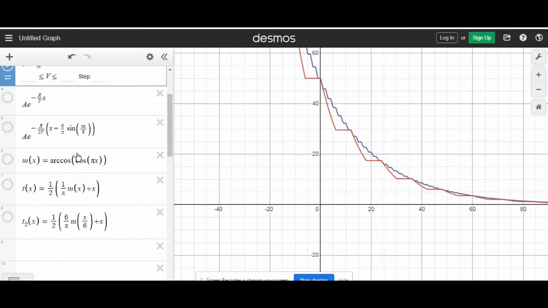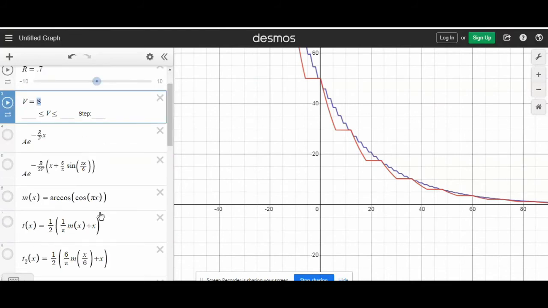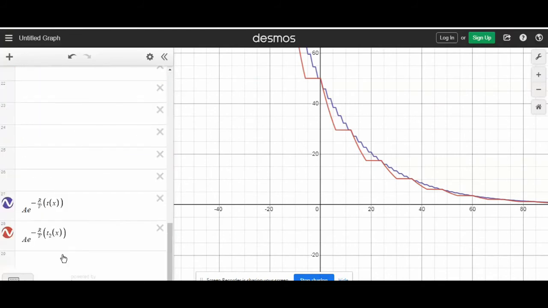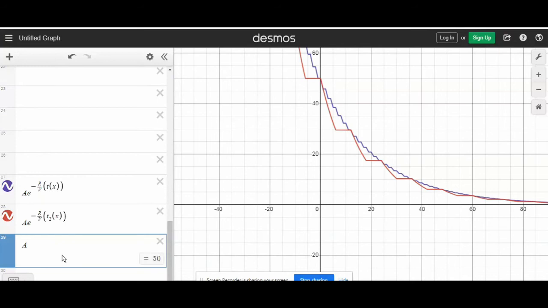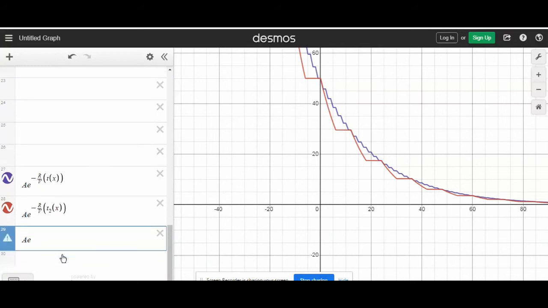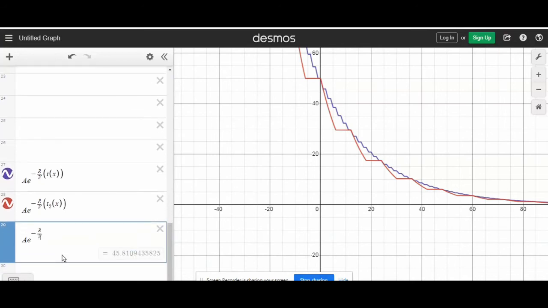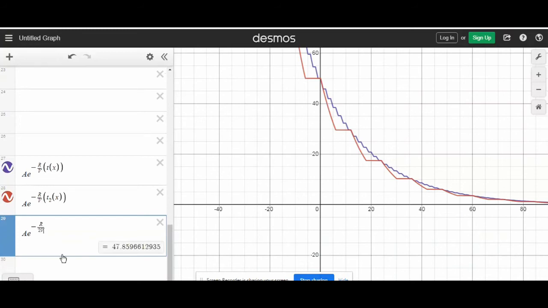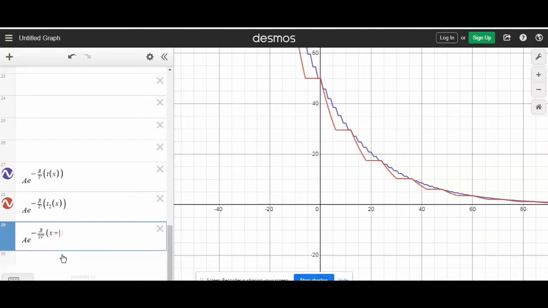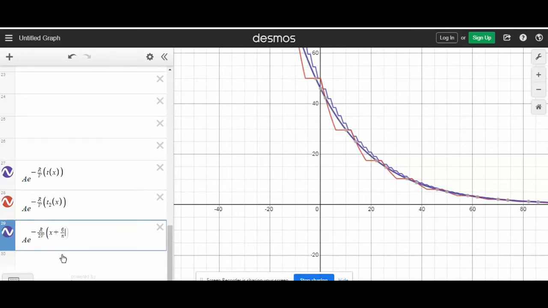First, we get our equation set up, and that's going to be equal to A, our initial value, multiplied by e to the negative r divided by 2v, multiplied by x plus 6 over pi, the 6-month equation, arccosine of pi x over 6, and that gives us this equation up here.